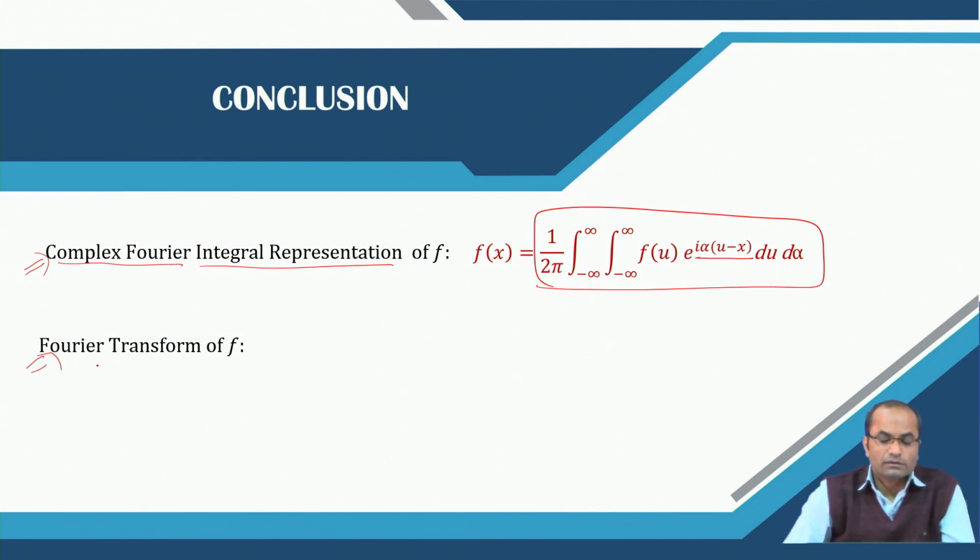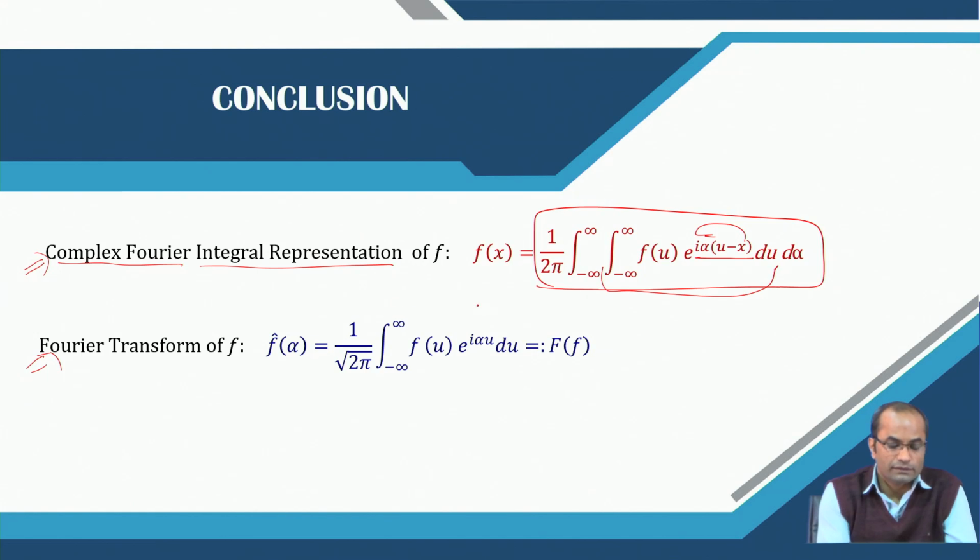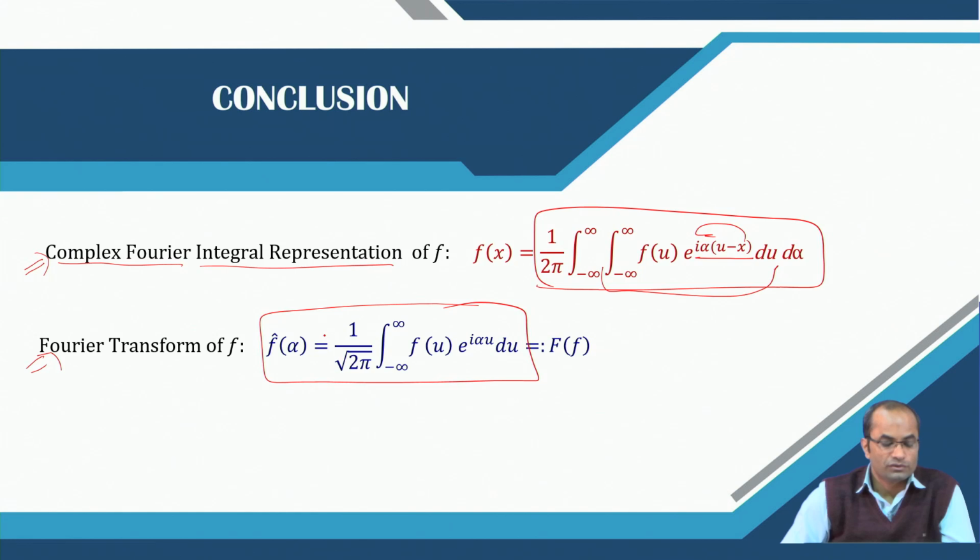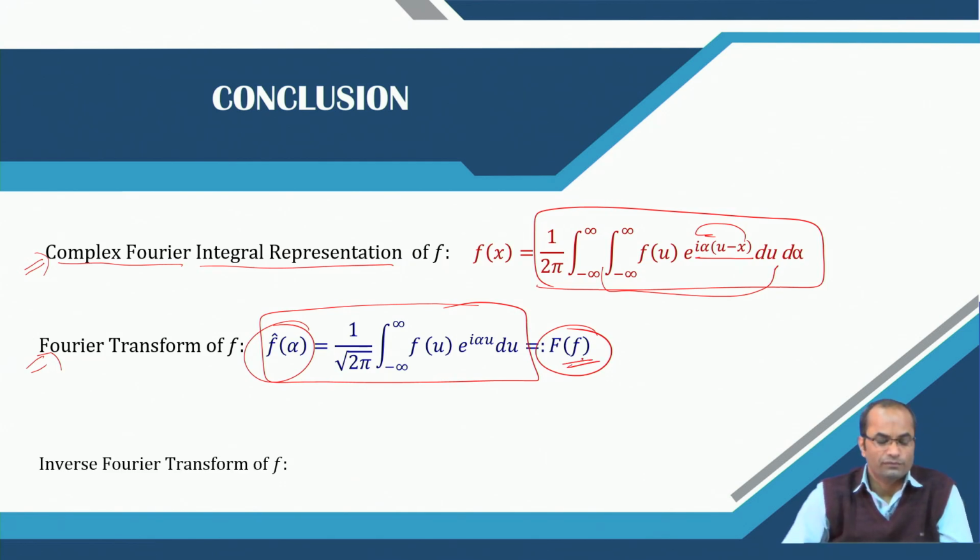From this representation we have introduced the so-called Fourier transform of f, the inner integral with respect to u, taking this e^(i alpha x) out. We call this representation a Fourier transform of f, normally denoted f hat of alpha, because this is a function of alpha, and the notation we use is big F of small f. So, the Fourier transform of f.